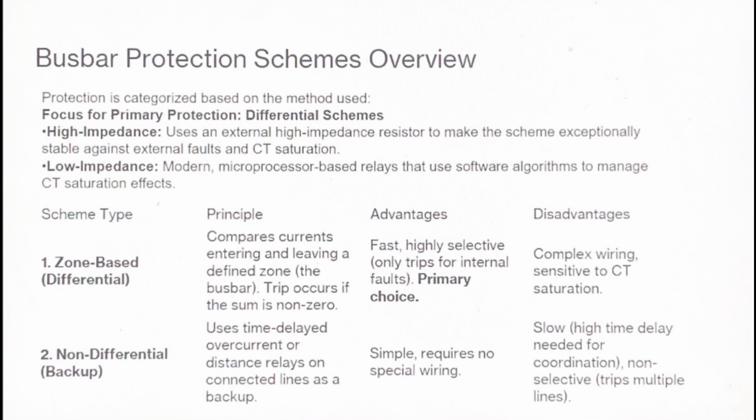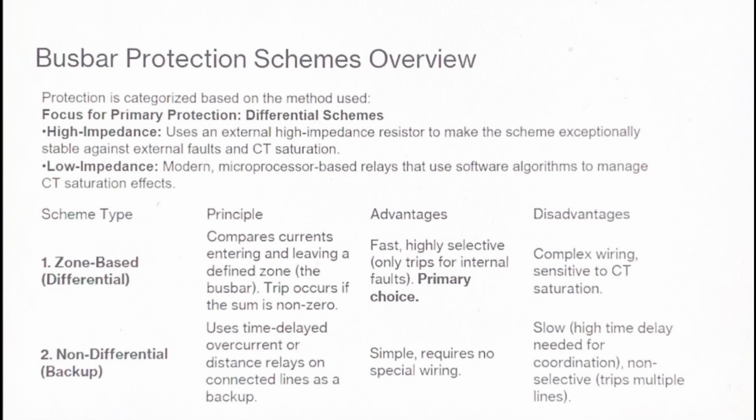To address these challenges, we categorize protection into two groups. The primary choice is zone-based differential protection. This scheme compares the total current entering the bus with the total current leaving the bus. If the sum is anything other than zero, it means current is going into a fault inside the zone, and it will trip. It is fast and highly selective.